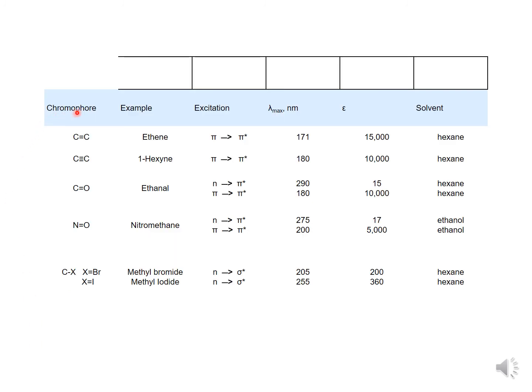This is the table, and this one is ethene. Ethene contains a C double bond C, and the excitation is from pi to pi star, with lambda max at 171 nanometers and molar absorptivity of 15,000 in the solvent hexane. So this shows something that relates to the excitation or electronic transition.